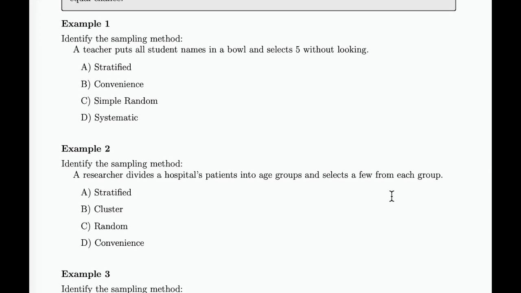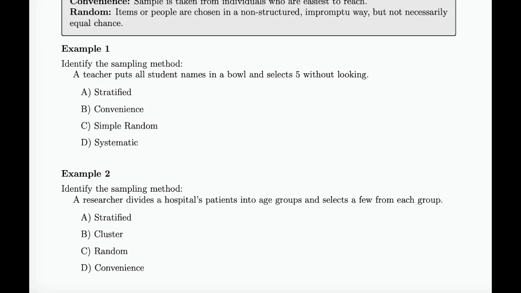Okay, let's look at the first couple of examples. Example 1 says identify the sampling method. A teacher puts all students' names in a bowl and selects 5 without looking. So let's think about this. Every student has the same chance of being picked.